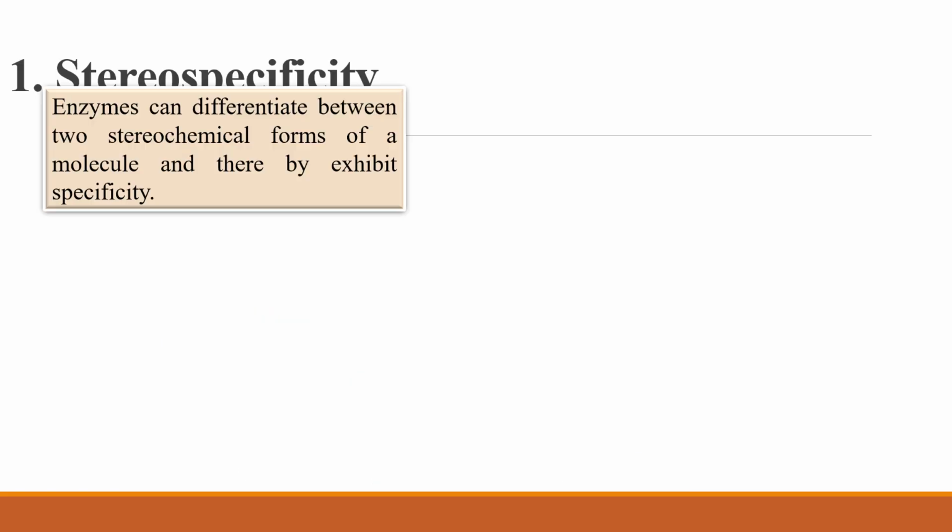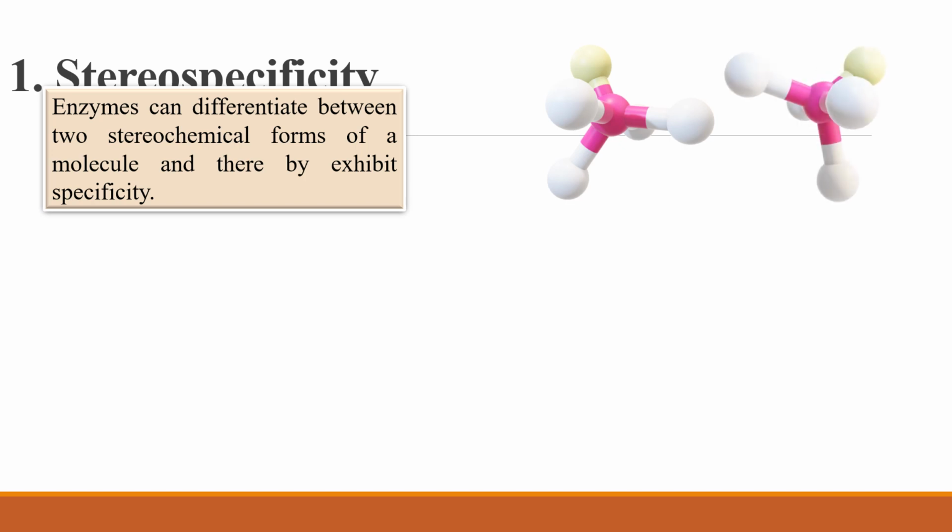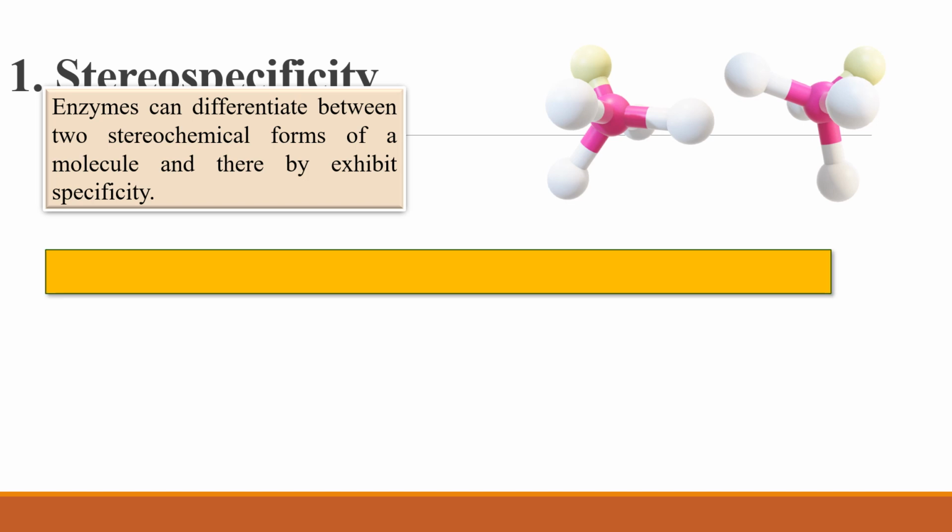Stereospecificity. The enzymes can differentiate between two stereochemical forms which vary with respect to their three-dimensional conformation, and thereby the enzymes exhibit specificity. Say for example, this is one form of a molecule, while this is the other form of a molecule, which vary with respect to their three-dimensional conformation.